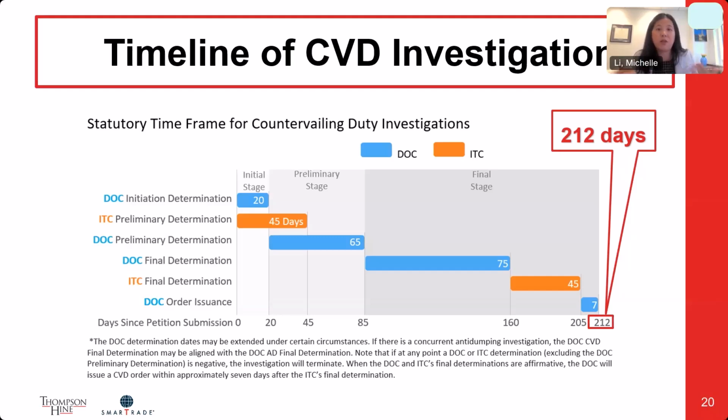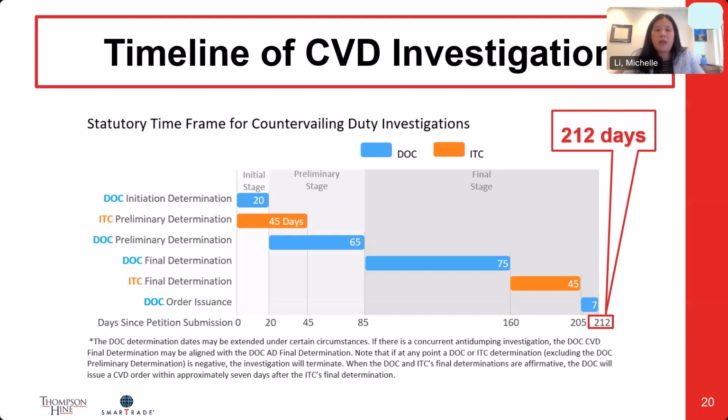However, if Commerce decides there is an affirmative margin based on the subsidies that the foreign manufacturer gets, then ITC will come back in and say, look, I need to really see whether these subsidies, or the imports coming in at those prices, would be injuring the US parties.